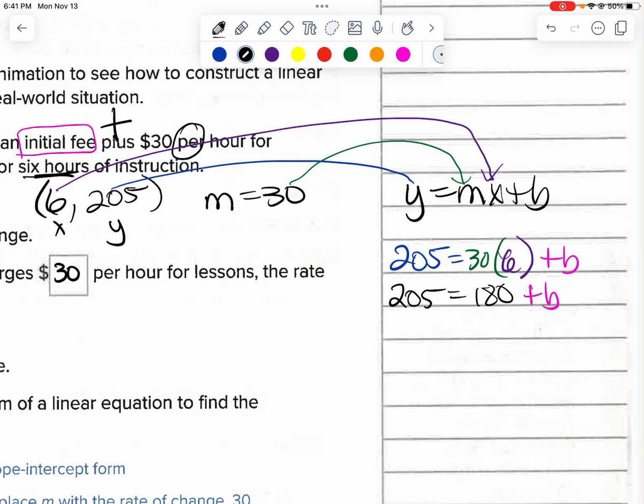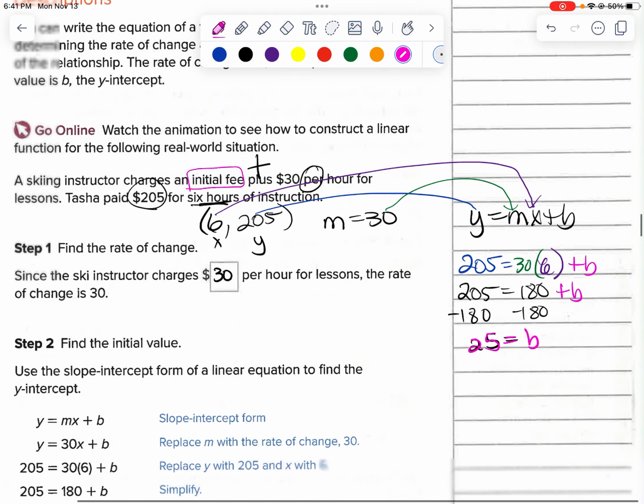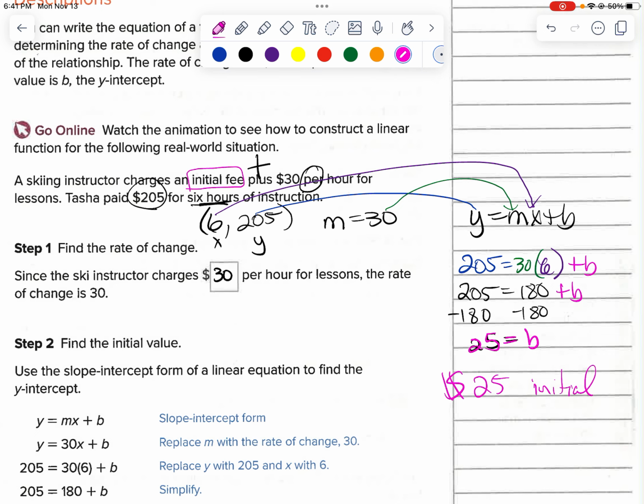I'm going to subtract 180 from both sides. That gets me 25 equals b. So that's my y-intercept, which means the initial fee is $25.